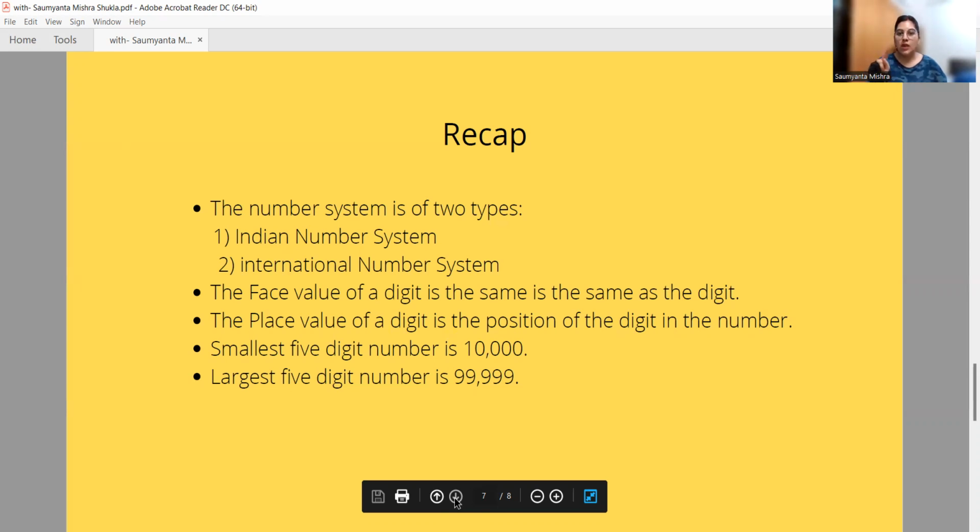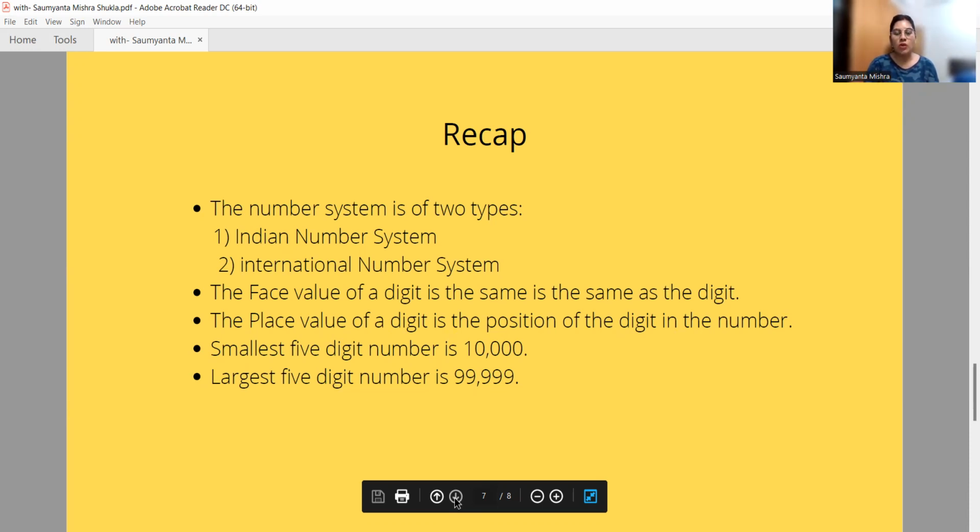So the comma will be after hundreds, and then it will be after thousands, and similarly after lakhs, etc. And in the international number system, we have commas after every 3 digits. Like we will have a comma after hundreds, then a comma after thousands, and a comma after millions, and so on.